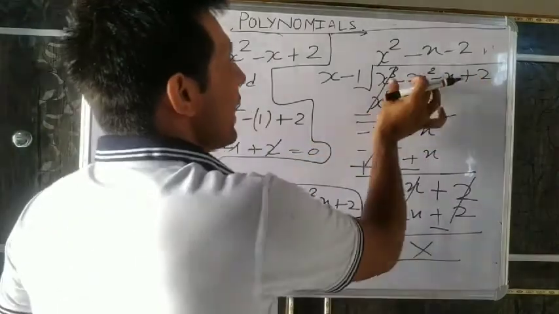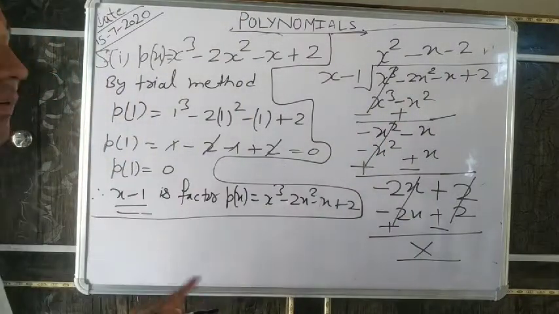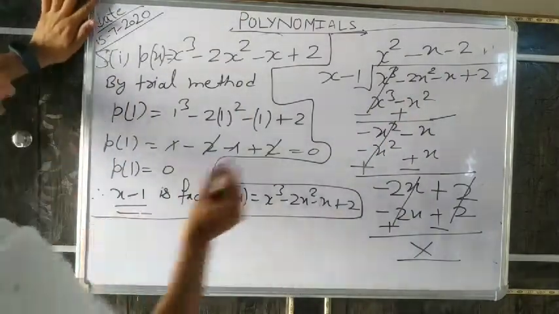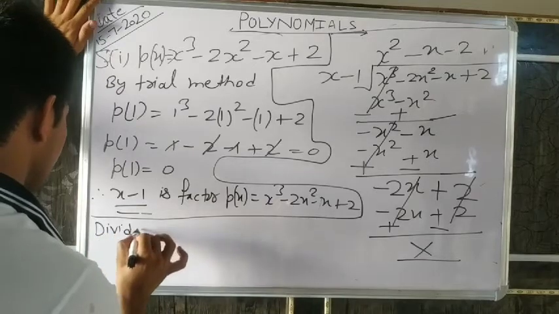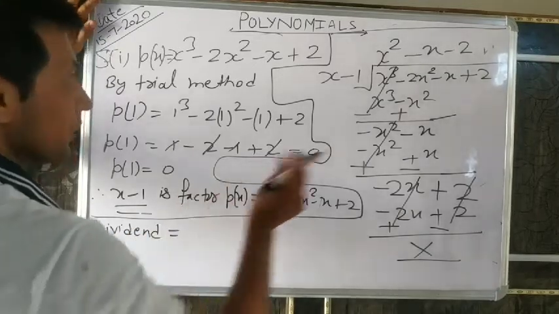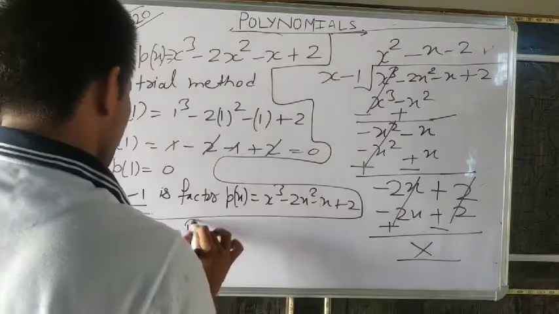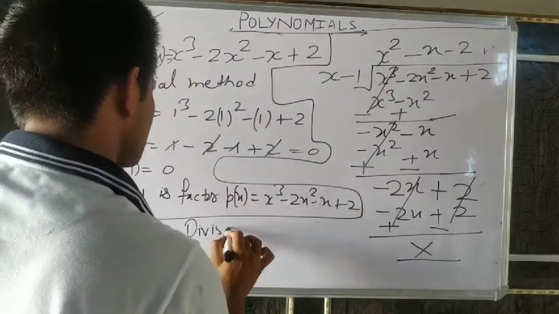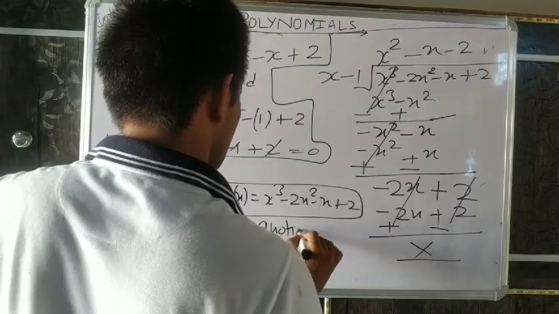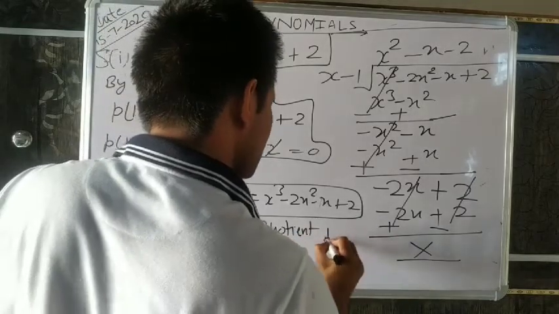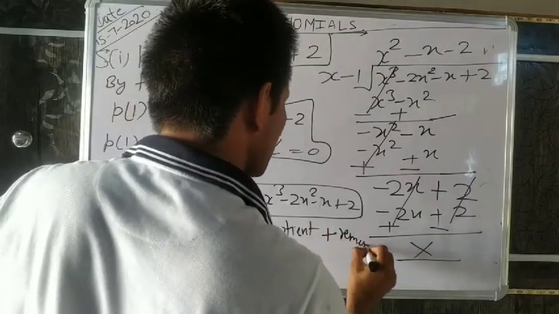Now we write the formula: dividend equals divisor into quotient plus remainder. Everyone knows this one?